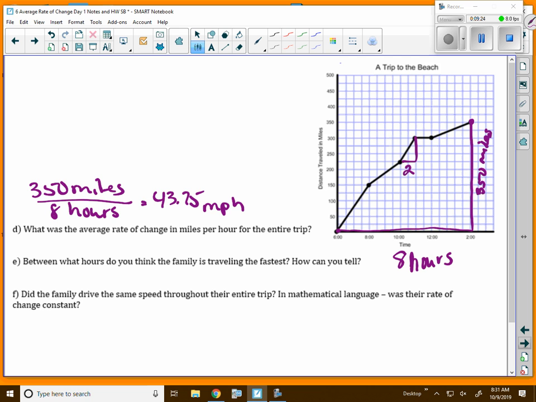That's 1 hour. Oh, that is 75. Yep, so they are the same. That's just quick math. So in part E, from hours 6 to 8 and from hours 10 to 11, they are traveling the fastest.